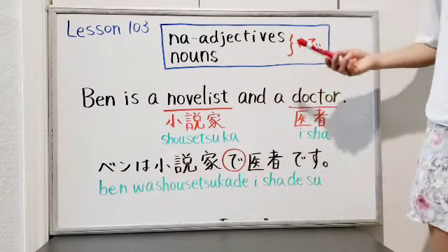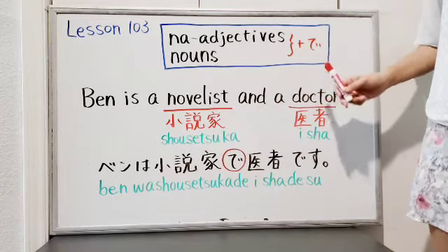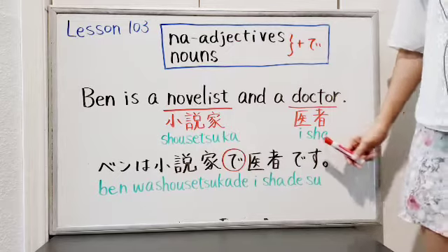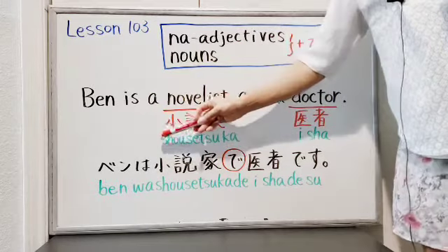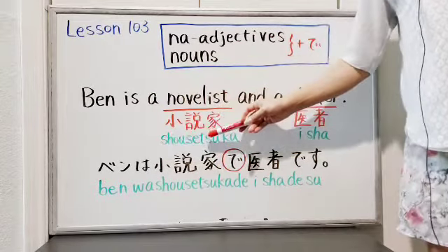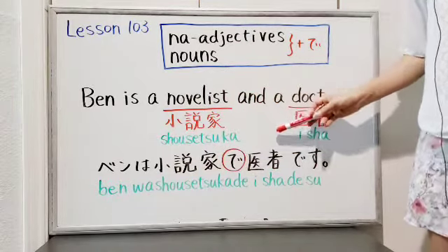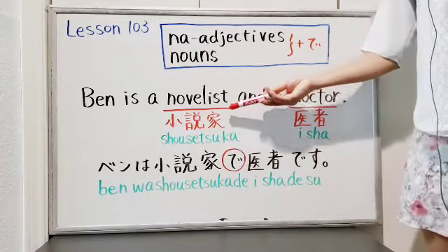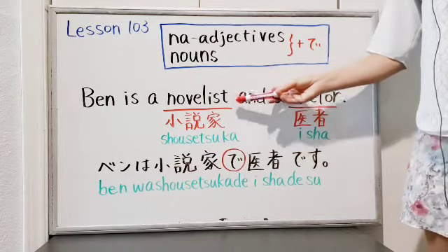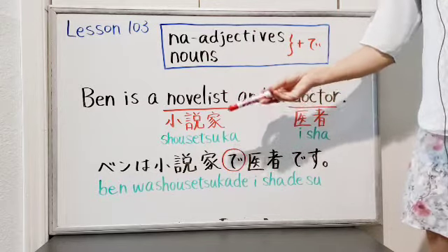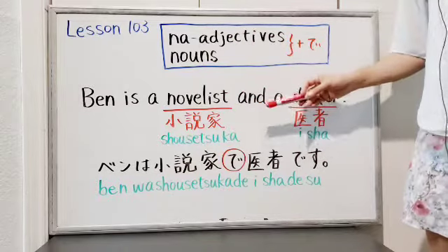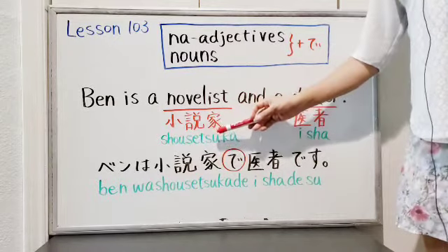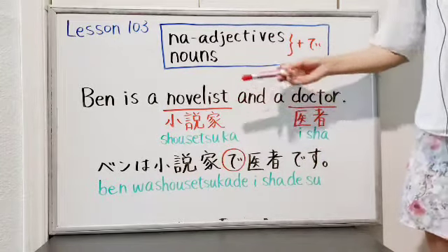If you want to say this sentence in Japanese, you can say ベンは小説家で医者です。 Novelist, 小説家 is a noun. So, as I said, you need to add で after 小説家 before putting it here.